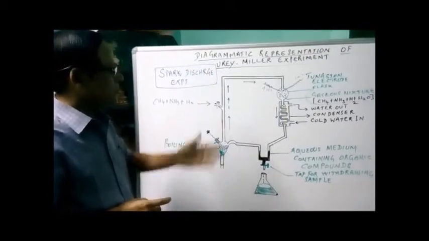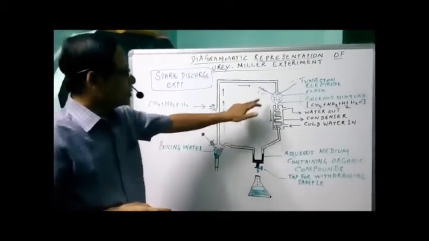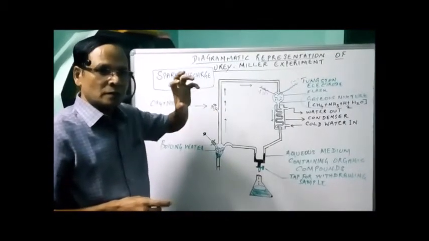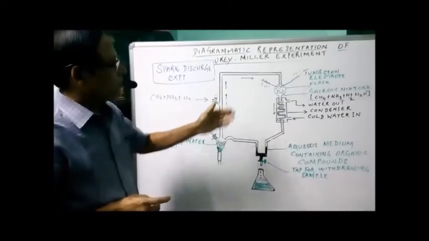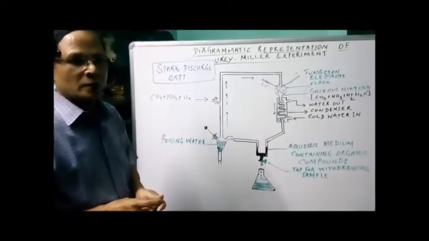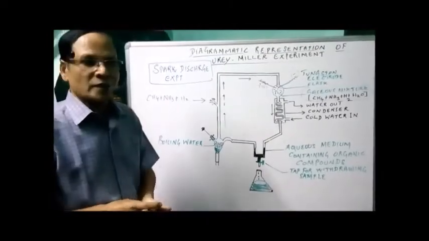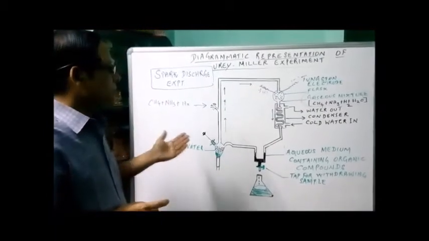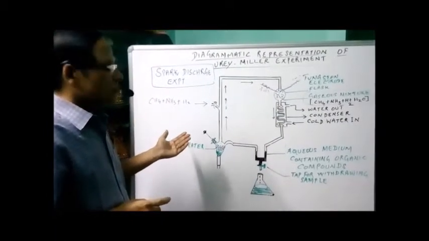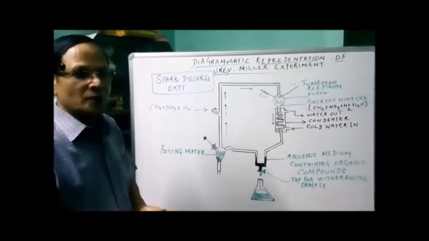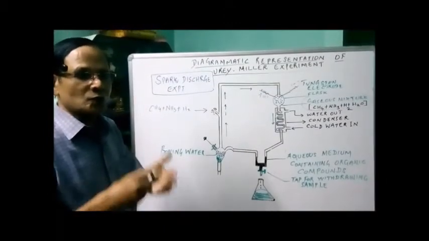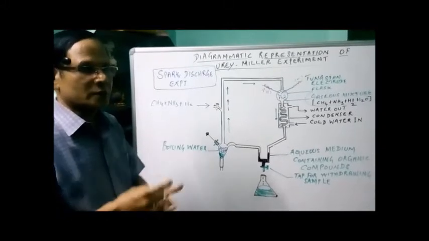The setup contained a large bulb connected with tungsten electrodes. When the mixture of gases was allowed to pass through this electrical discharge, they combined together to form organic chemicals.